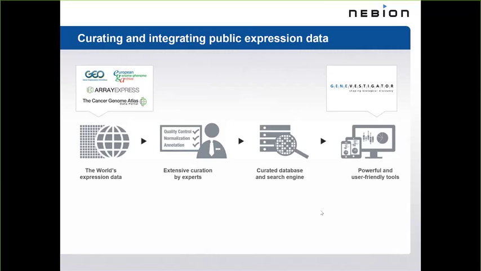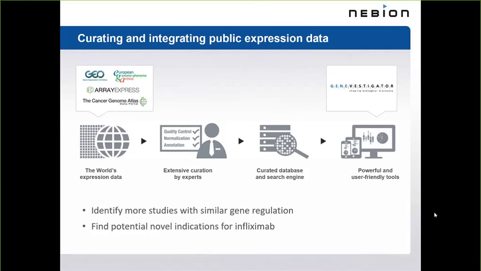So I'm going to pose two questions that we want to answer next. And it is, using the signature that we created, can we identify more studies with a similar gene regulation? And second, can we find potential novel indications for our drug? So in this case, infliximab.